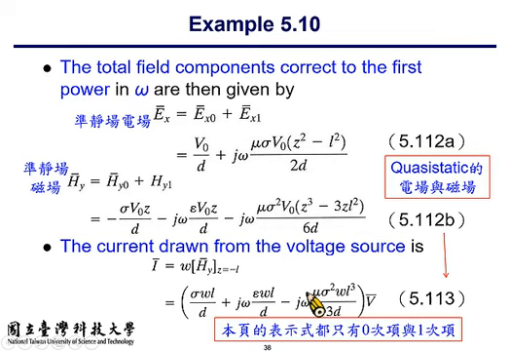And by looking into the relations between magnetic field and the voltage source V sub 0, we can write up the relation between the current I and the voltage V across the parallel plate capacitor.